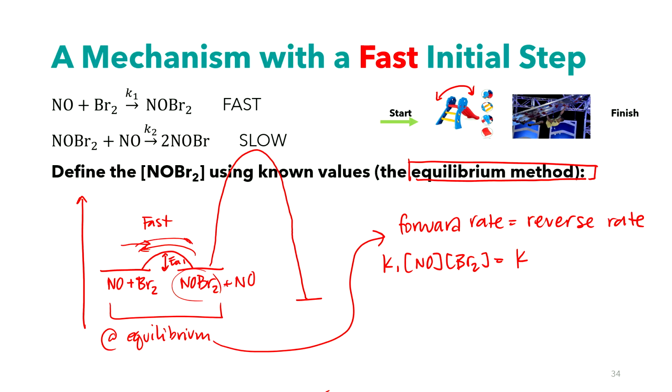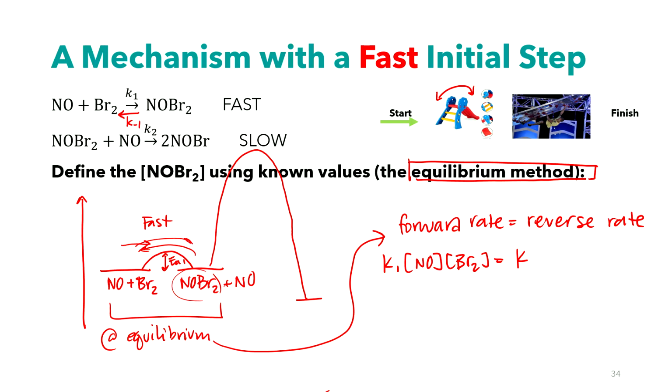Okay, so we said the forward rate. Does everyone feel comfortable with where I got the forward rate from? k1 times those two concentrations. But now I'm saying that the backwards process, the reverse process, can also happen. Because this NOBr2 is sitting around waiting for this really slow, hard step to happen, it might decide to go back the other direction.